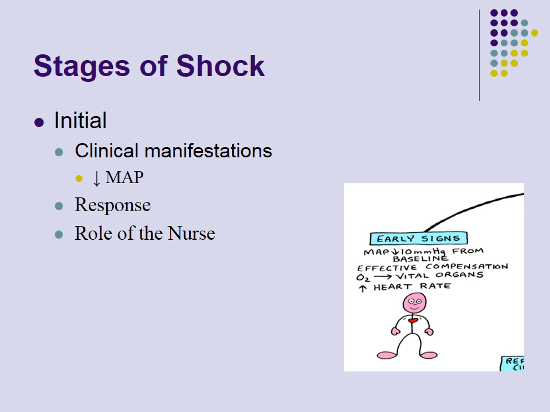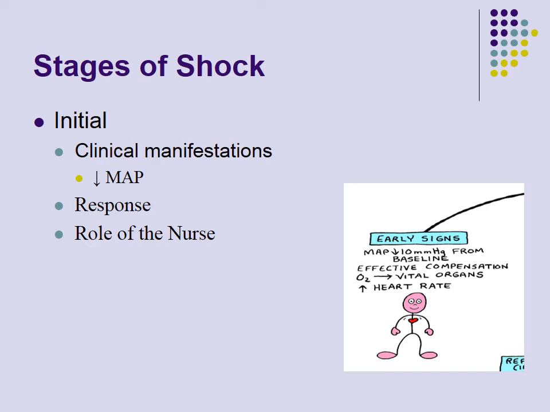The first stage of shock is called the initial stage. The clinical manifestation we see at this time is that the mean arterial pressure has dropped, usually about 5 or 10 points, or mmHg, as with blood pressures.